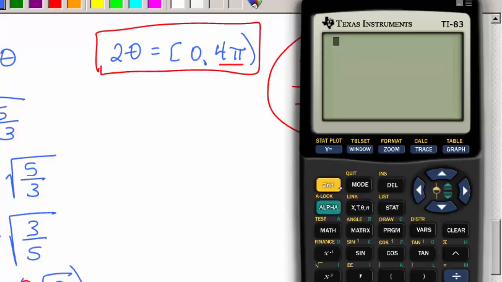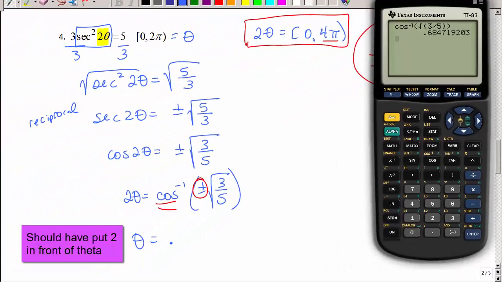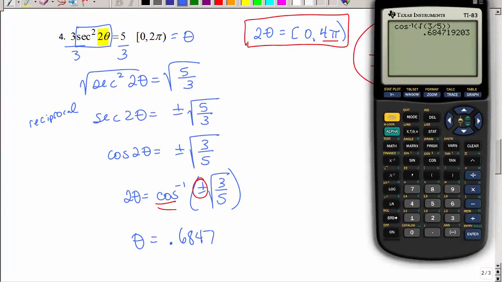Alright, so I want the inverse cosine of the square root of 3 divided by 5. So I get 0.6847. Now cosine's positive in quadrant 1, so my calculator gives it to me in quadrant 1. How am I going to get it in quadrant 4 as a positive answer? Well, as a negative answer, it's 0.6847 because I'm going just in the opposite direction.